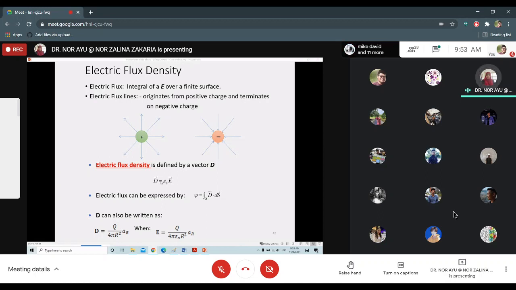Okay, because you know that D is epsilon E and this is E. When we substitute it in, the epsilon part will cancel out. So that's why you only get this as your D. So D equals Q over 4 pi r cubed times the direction vector. Alright. Okay, this is the unit, coulomb per meter squared, for the electric flux density.